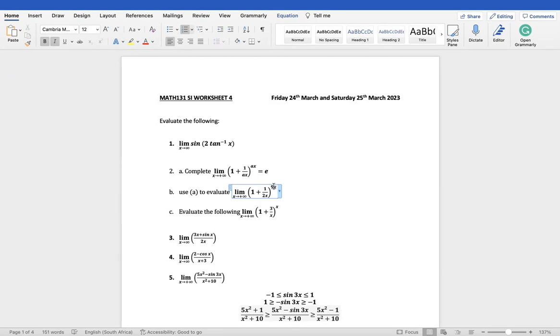So you can change the exponent to 2x times 9 over 2.